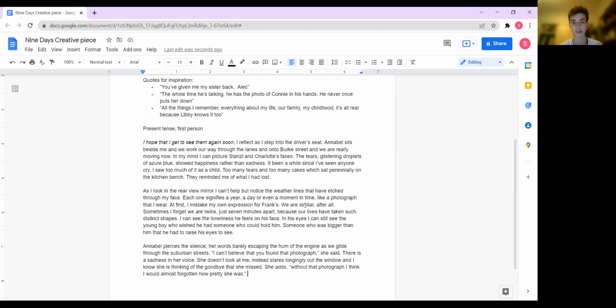Now, Kip didn't get to say goodbye to Connie either. We know that she bled out in the street. So I'm going to shift into that. "I didn't get to say goodbye to Connie either. She lay on the ground, Mom said, on a street corner, just like the one I can see through the windshield now.